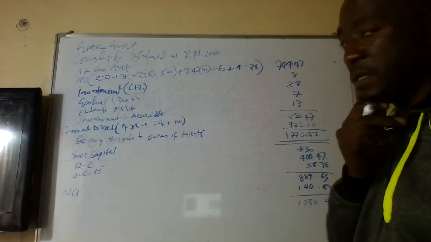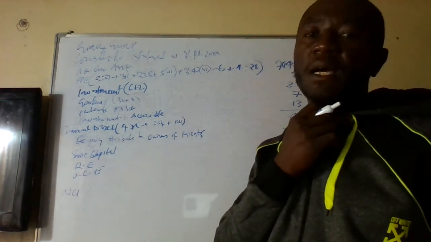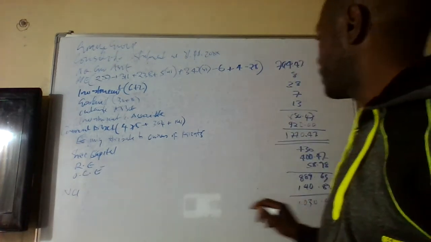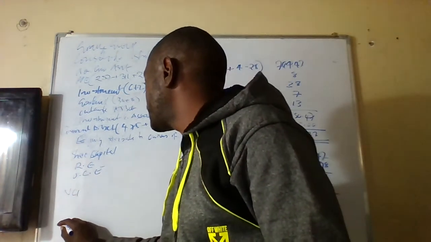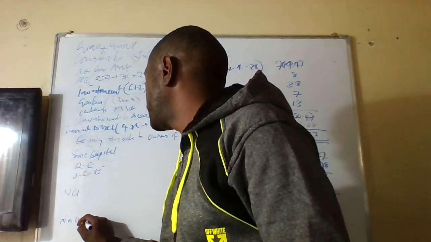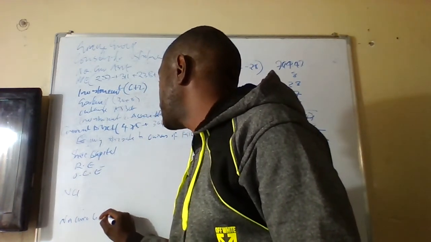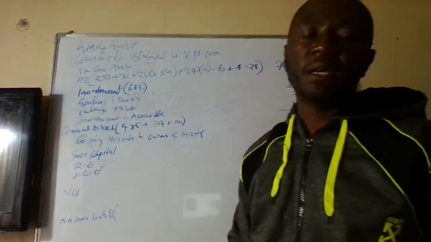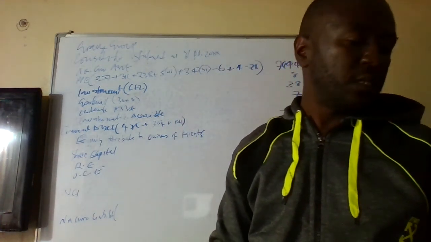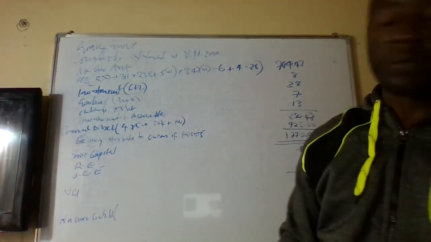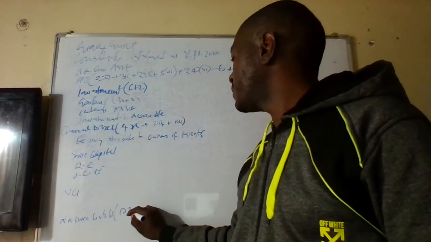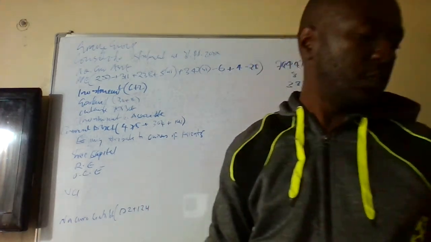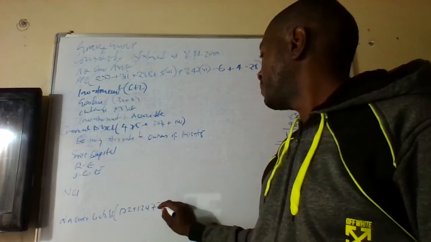Then to that we have non-current liabilities. In the question, it's given as no adjustments there: 172 plus 124. To that you add 38.